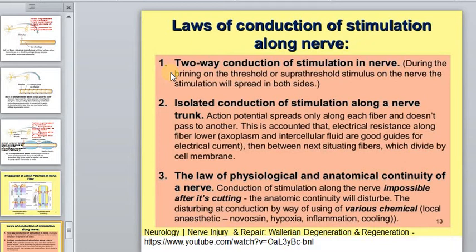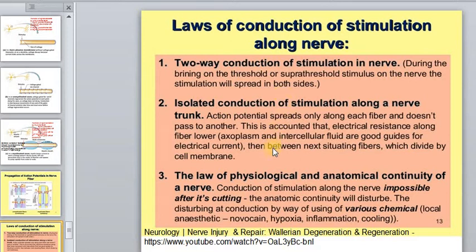At first, two-way conduction of stimulation in the nerve: when a threshold stimulus is applied to the nerve, the stimulation will spread in both directions. Bilateral conduction, but only through the synapse. The synapse is a special place where the signal is not able to move after the synapse.